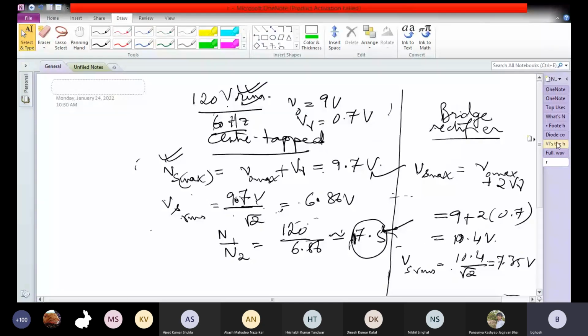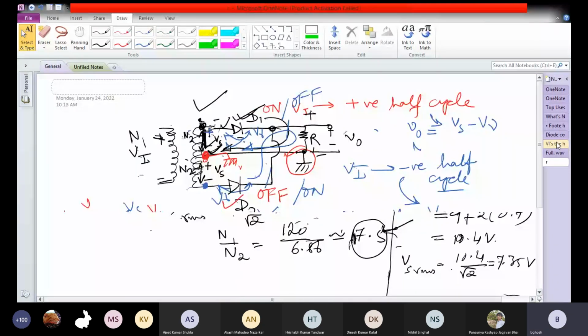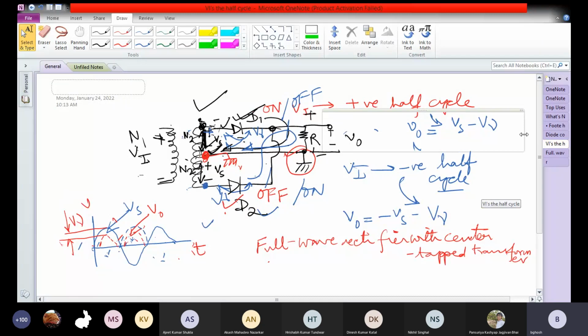Let us go back to the previous slide. Here, what is the peak inverse voltage? Let us suppose the diode D1 is on. So what is the voltage at this point? The voltage at this point, when diode D1 is on, is Vs minus V gamma.